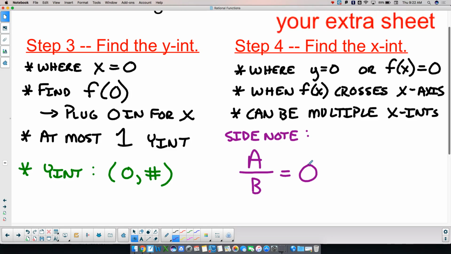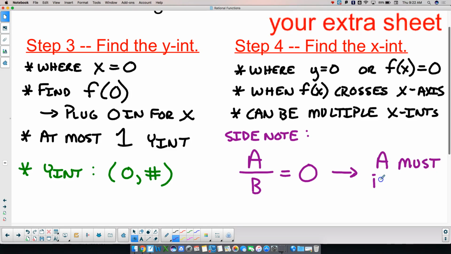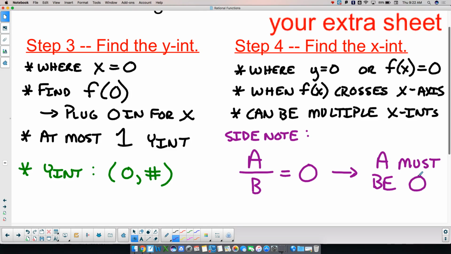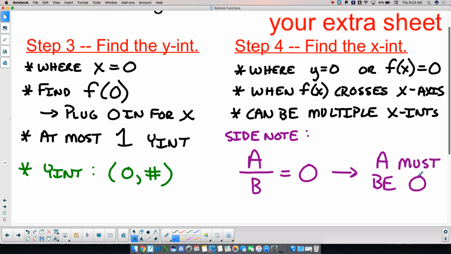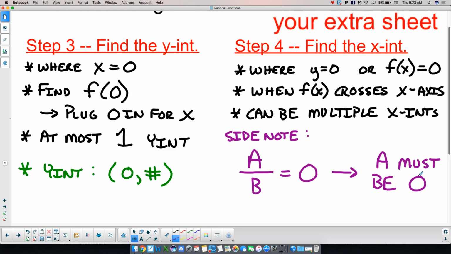No, b can't be 0 because I can't divide by 0, right? So then what has to happen? a has to be 0. A fraction is only equal to 0 if a is 0. b can't be 0. It doesn't work out. So we're dealing with fractional functions this entire unit.